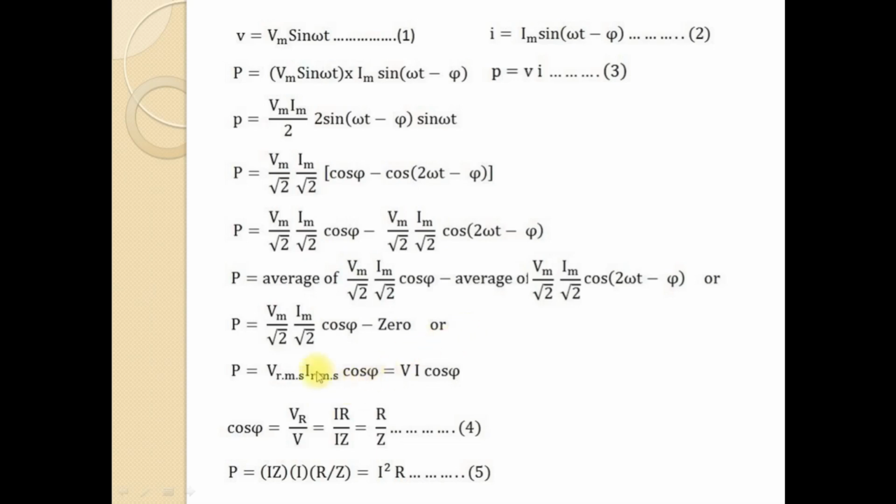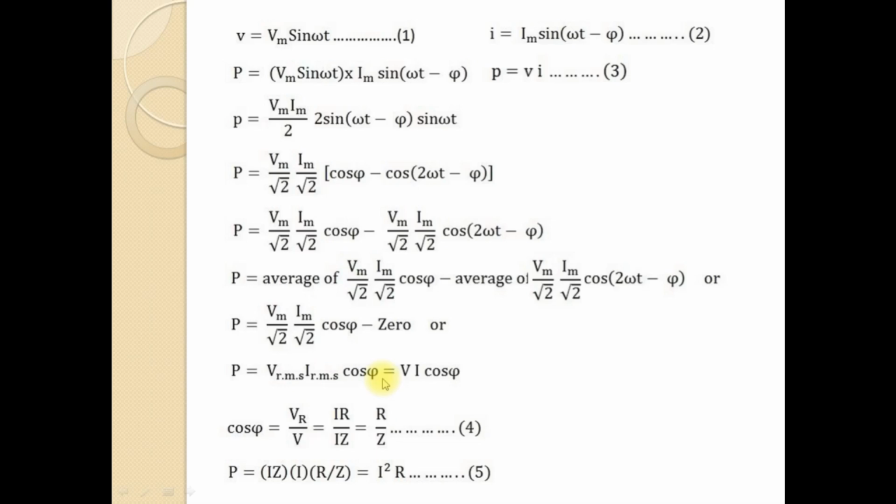So the average power will be P is equal to Vm by root 2 into Im by root 2 cos phi minus 0, which will be equal to Vm by root 2 into Im by root 2 cos phi. So it can be written as Vrms into Irms into cos phi.